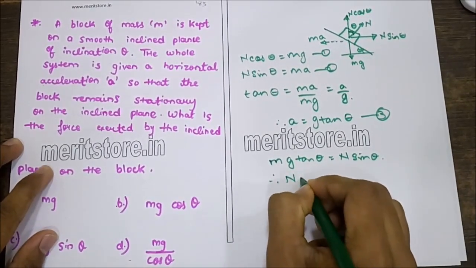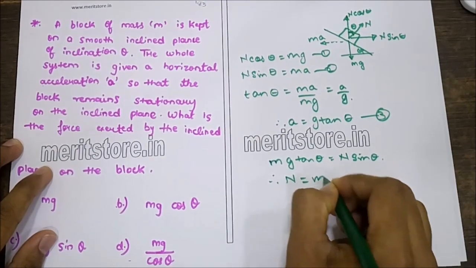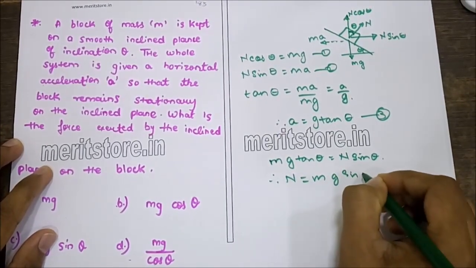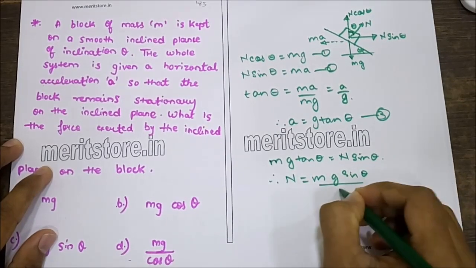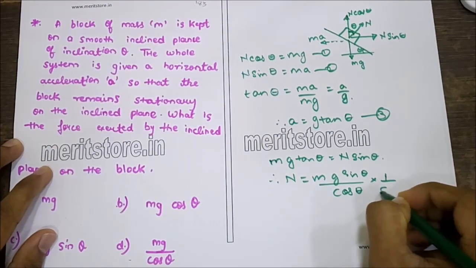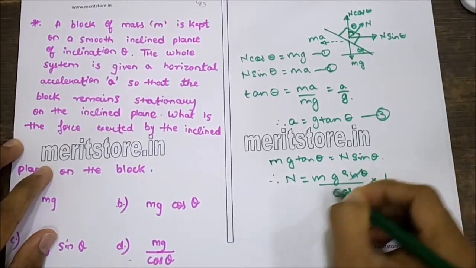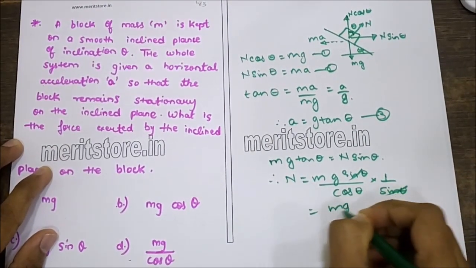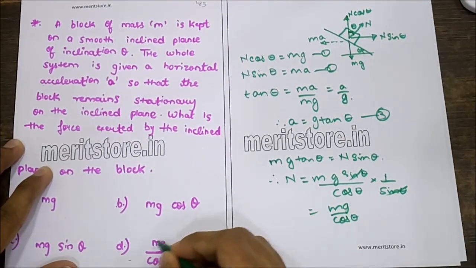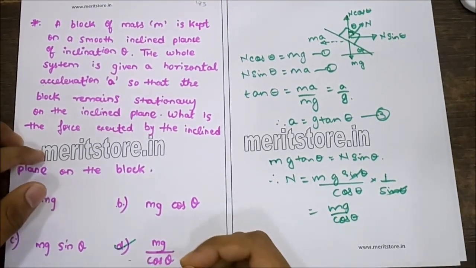Therefore, the value of N is equal to mg sin theta by cos theta into 1 by sin theta, which is nothing but mg upon cos theta. Hence, option D is the correct answer.